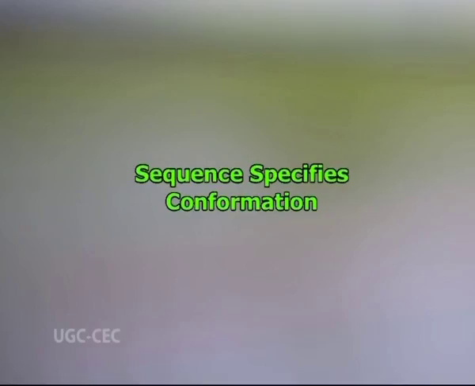Thus, each residue has certain propensities to form structures of different types in the context of a protein domain. These properties are the basis for one of the central tenets of biochemistry, that sequence specifies conformation.